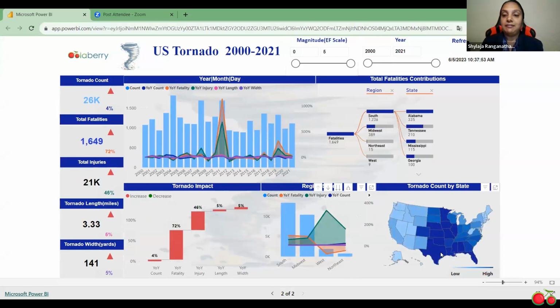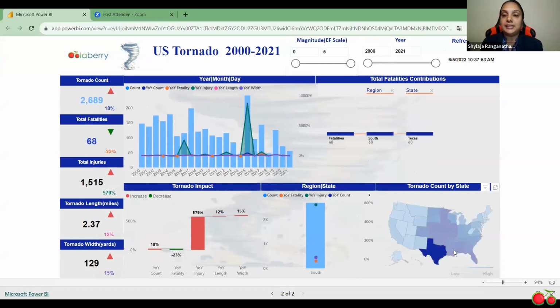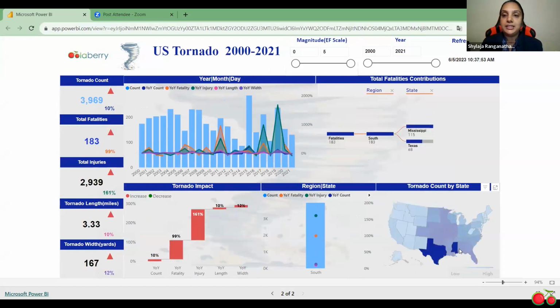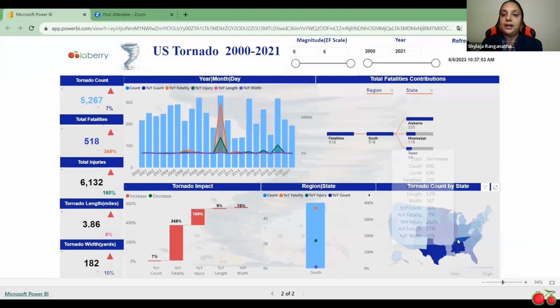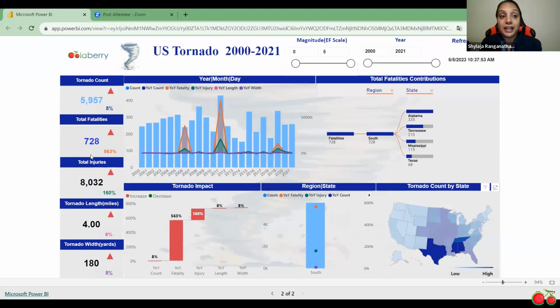For example, when we click on the states, say Texas, Mississippi, Alabama, Tennessee, we can see that the fatality count gets increased. So these can be used for our tornado recommendation purpose. We know the high risk states, the high risk region, and the months which we need to be more careful. Based on that, we can do the recommendation.